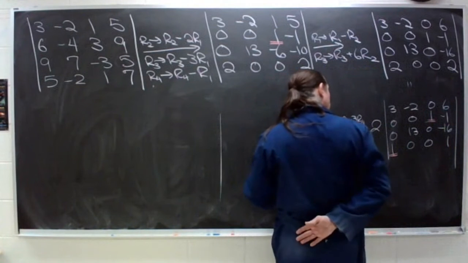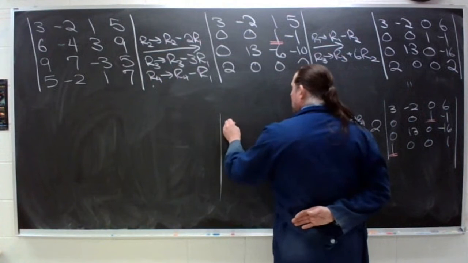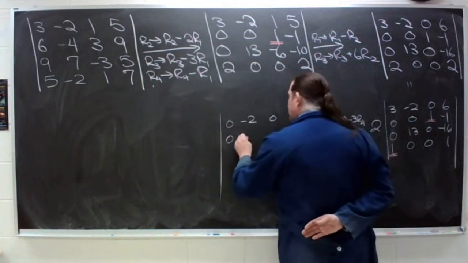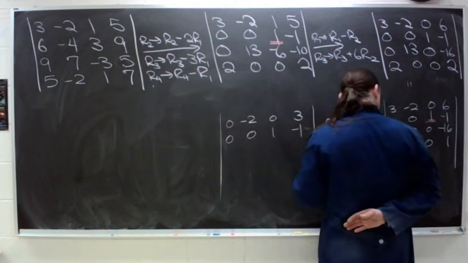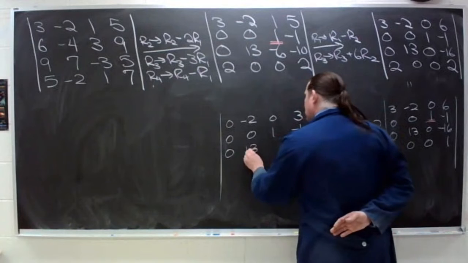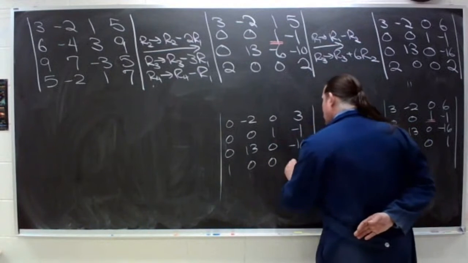So I would have 0, negative 2, 0, 3. And then I've got 0, 0, 1, negative 1, 0, 13, 0, negative 16, and then 1, 0, 0, 1.